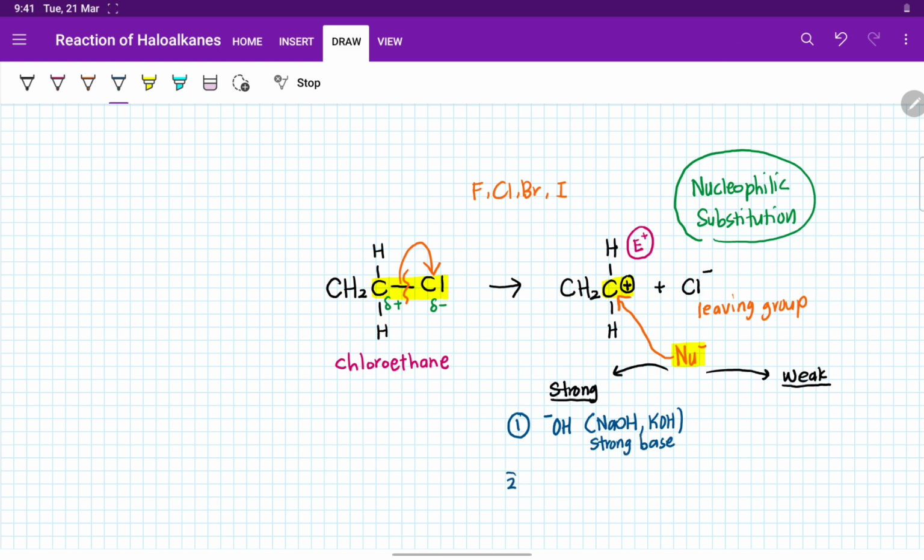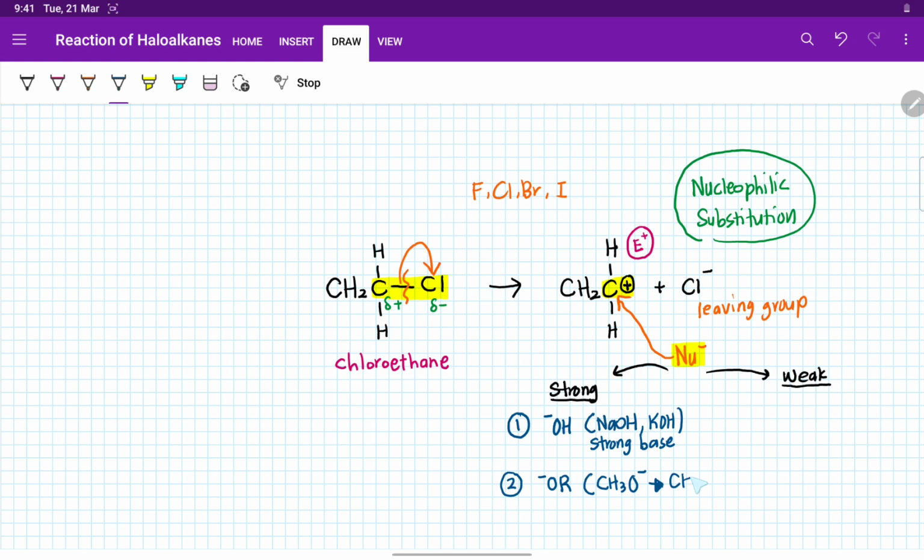Okay, yang kedua, our strong nucleophile, it will come from our alkoxide ion. So, alkoxide ion, OR minus, dekat sini. Okay, contoh kita punya alkoxide ion, for example, CH3O minus. Okay, ini adalah kita punya contoh alkoxide ion. Yang mana this alkoxide ion selalunya kita akan jumpa dia dalam bentuk garam.